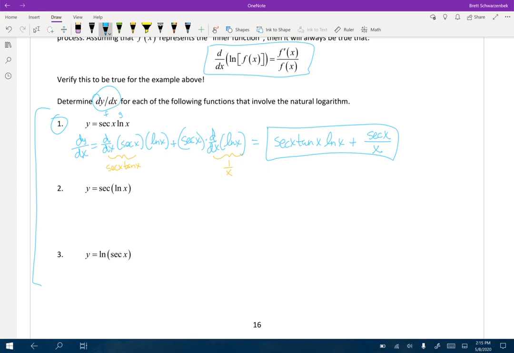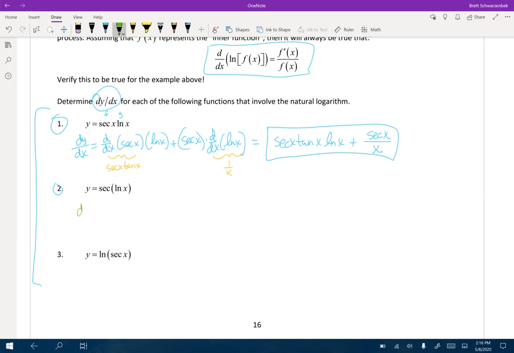The next one, number 2, is y equals the secant of the natural log. It's very important that you look at this and know that this is not multiplication, not in any world in mathematics. This is composition. It's the secant of the natural log of x, which means we're dealing with a chain.